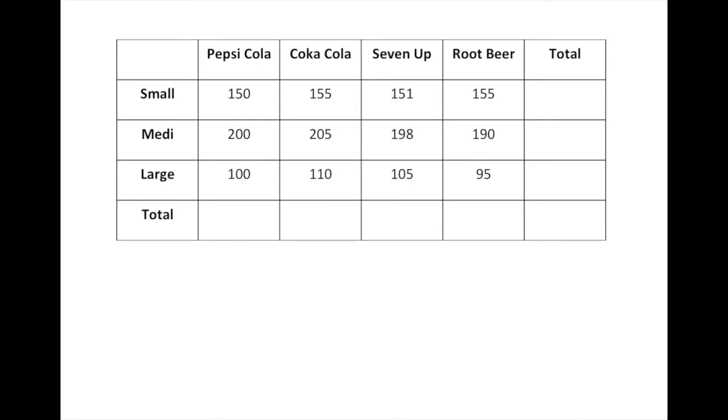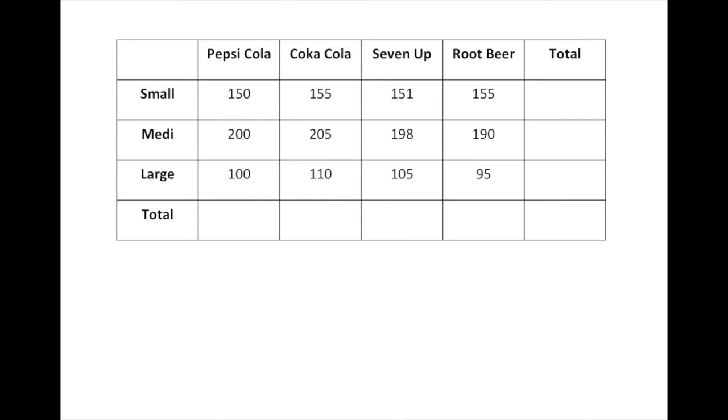For medium, Pepsi Cola has 200 people, Coca-Cola 205, 7-Up 195, root beer 190. For large, Pepsi Cola is 100, Coca-Cola 110, 7-Up 105, root beer 95.